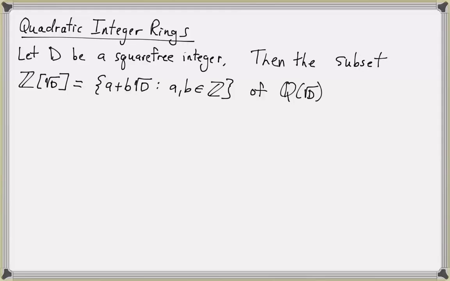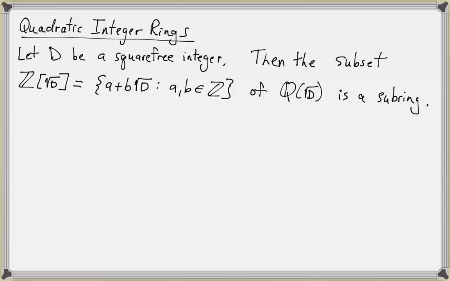Then this subset of Q adjoining square root of D actually forms a subring. One can show that this is a subring by showing that it's closed under subtraction and multiplication, and it's clearly not empty because the number 0 is in this set.